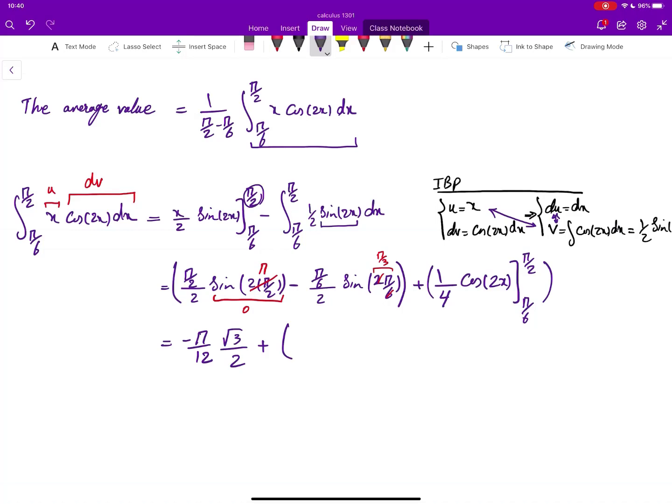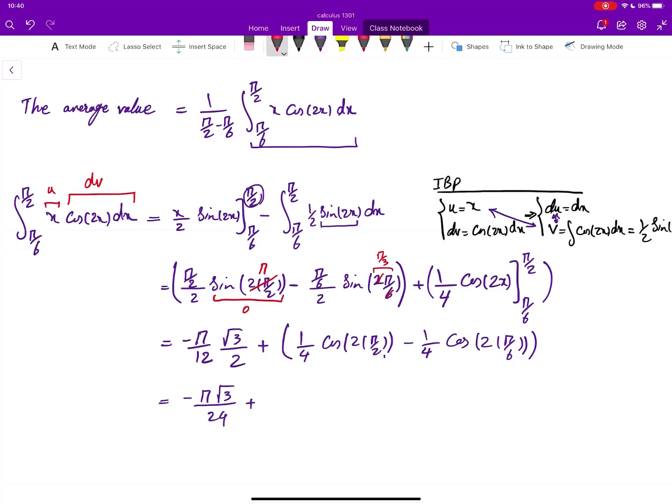The second part is you do half of cosine of 2 times pi over 2, minus 1/4 of cosine of 2 times pi over 6. Okay, so let me write this: pi root 3 over 24, plus.